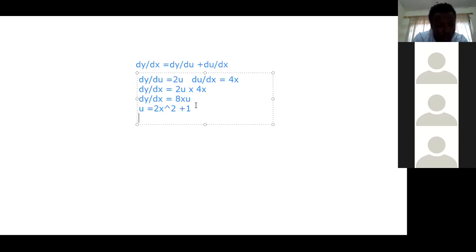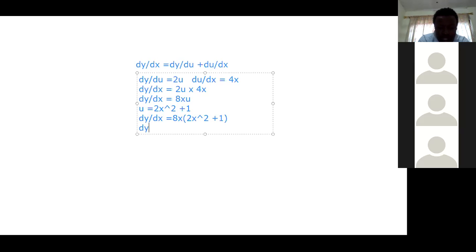So now we get dy/dx is equal to 8x into bracket 2x raised to the power 2 plus 1, bracket close. Are we okay? We can multiply through.